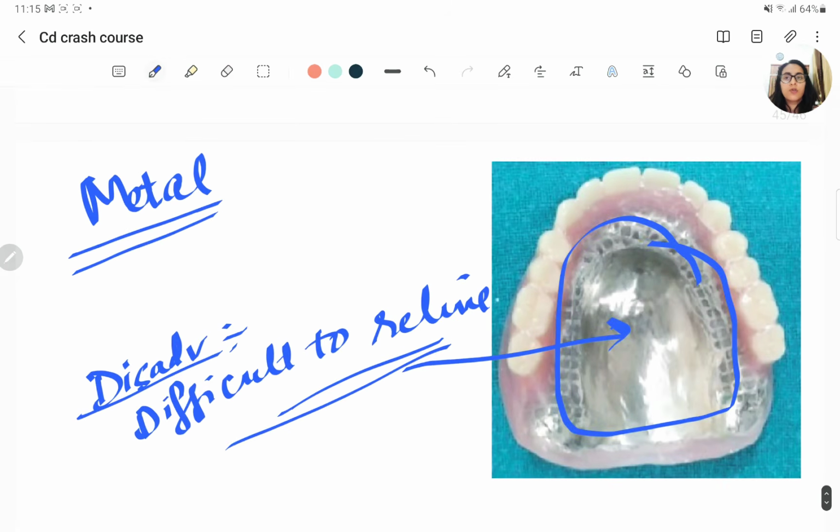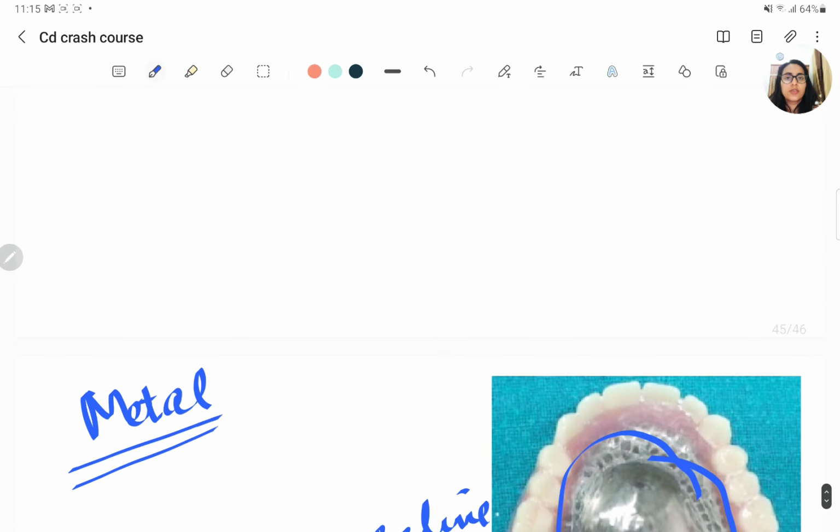So this is about the crash course for the complete denture. This is just to revise all the syllabus in 1 day or in 2 hours of time. So basically we can cover the prostho CD we have covered now, and whole prostho you can revise in a day.